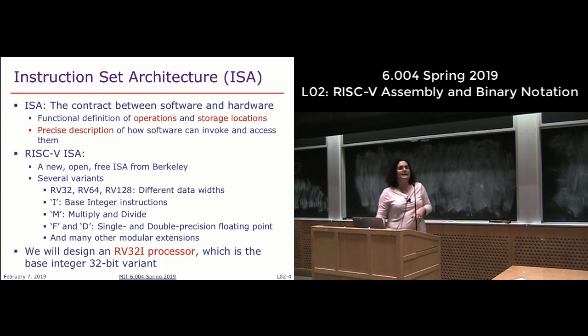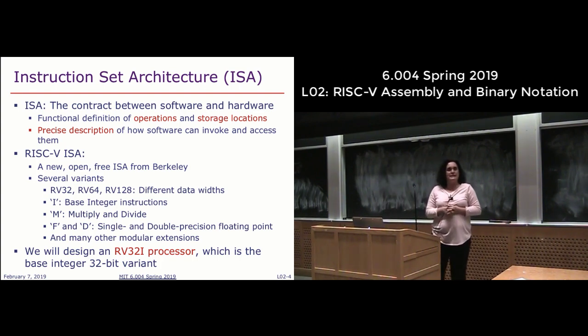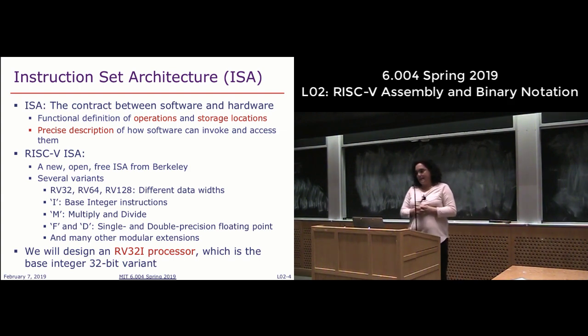And so as we mentioned last time, the instruction set architecture that we're going to work with in 6004 is the RISC-V ISA. Now, there are lots of different variants of RISC-V. If you look on the web, you'll find that there are different data widths: 32 bits, 64 bits, 128 bits.